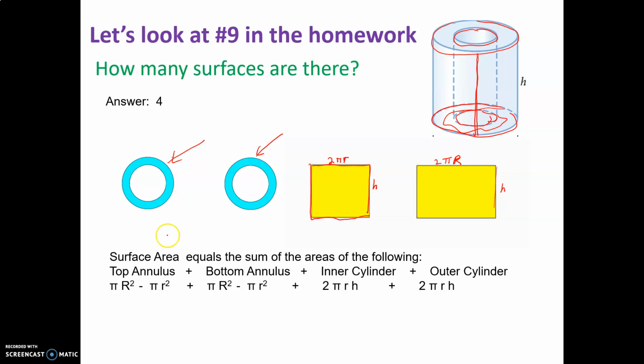So the total surface area would be an annulus, pi capital R squared minus pi little r squared, plus the same annulus, or I could have just done 2 of those. And this is 2 pi r h, and this is 2 pi R h. Now when we get to volume, we're going to subtract out the middle.